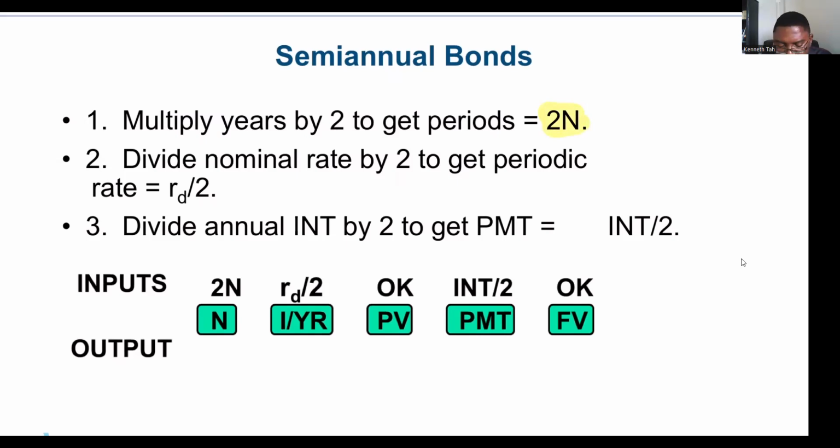Another adjustment is to divide the nominal rate by 2. So the interest rate must also be divided by 2. And then we need to divide the annual coupon by 2 to get the payment. So the payment is going to be the coupon that is paid yearly, divided by 2. Those are the adjustments we make.